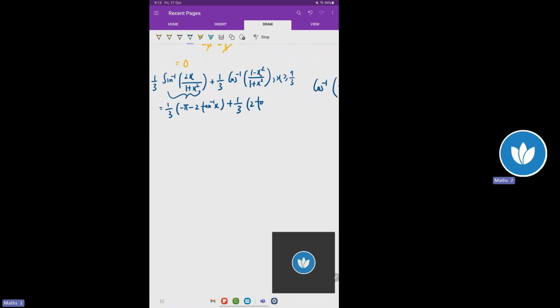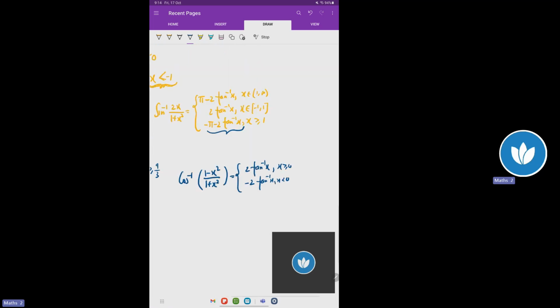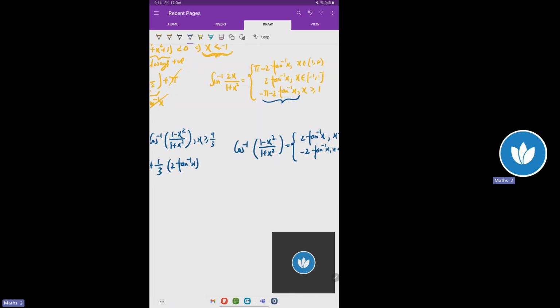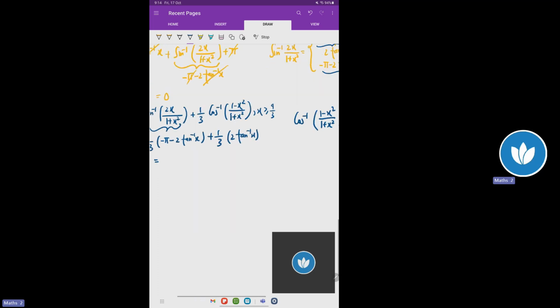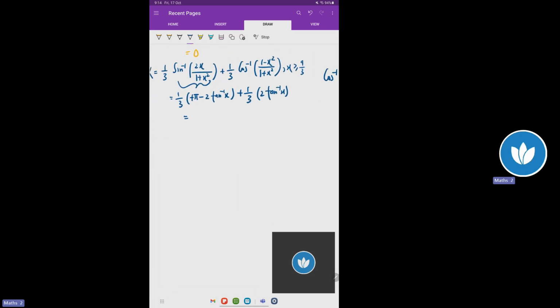This is 2 tan inverse x. Now, what is your final answer? Since here x is greater than 1, we have to apply this thing here. So pi minus 2 tan inverse x. So this should be plus here. So this is actually pi by 3.